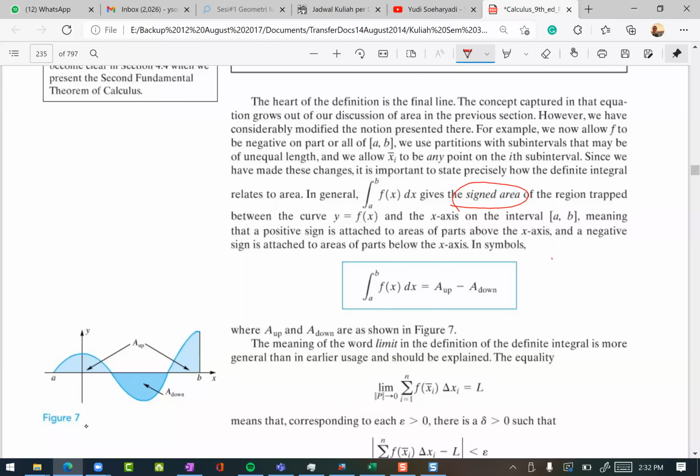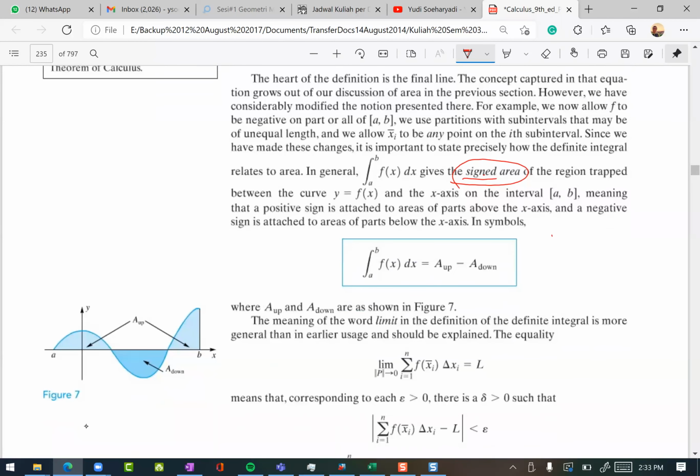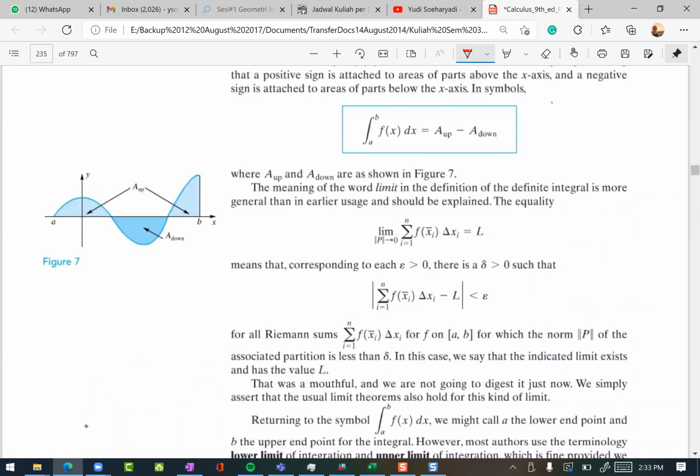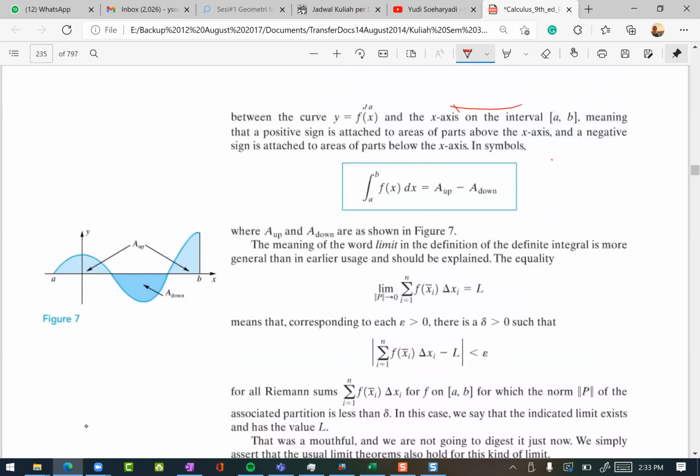We know area must be positive, but if something is below the x-axis, then the integral should be negative. So this is the negative area, which is why we call it signed area. This is the definite integral.